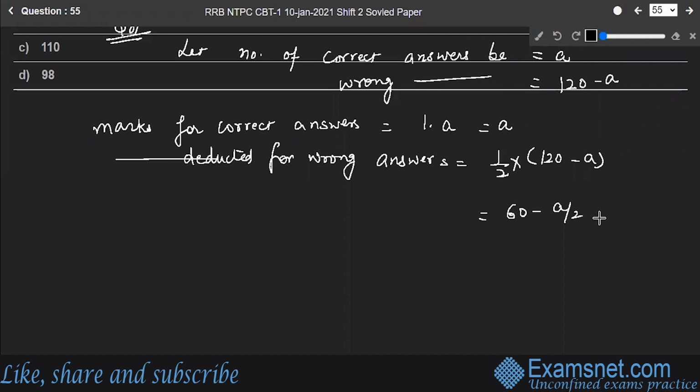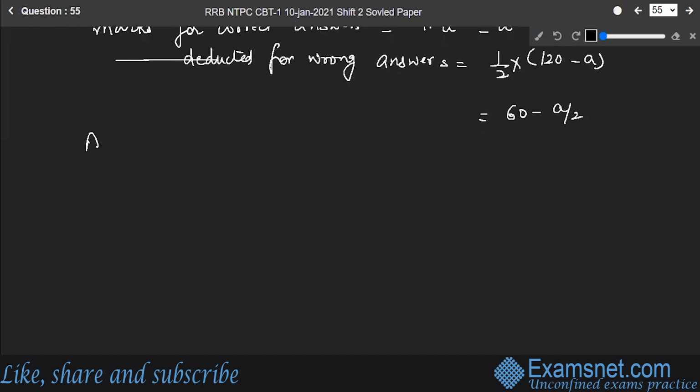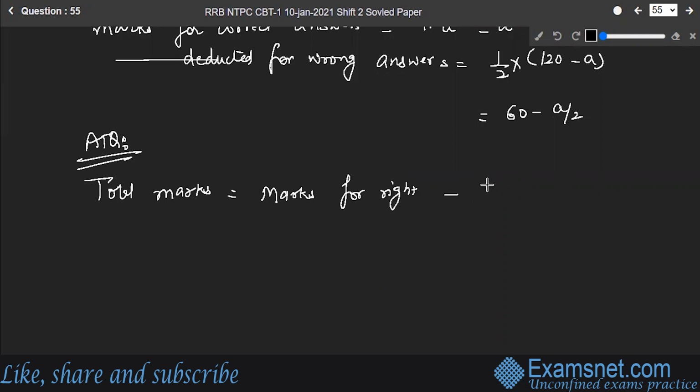A by 2. So now, according to the question, total marks scored is equal to marks for right minus marks for wrong answers.